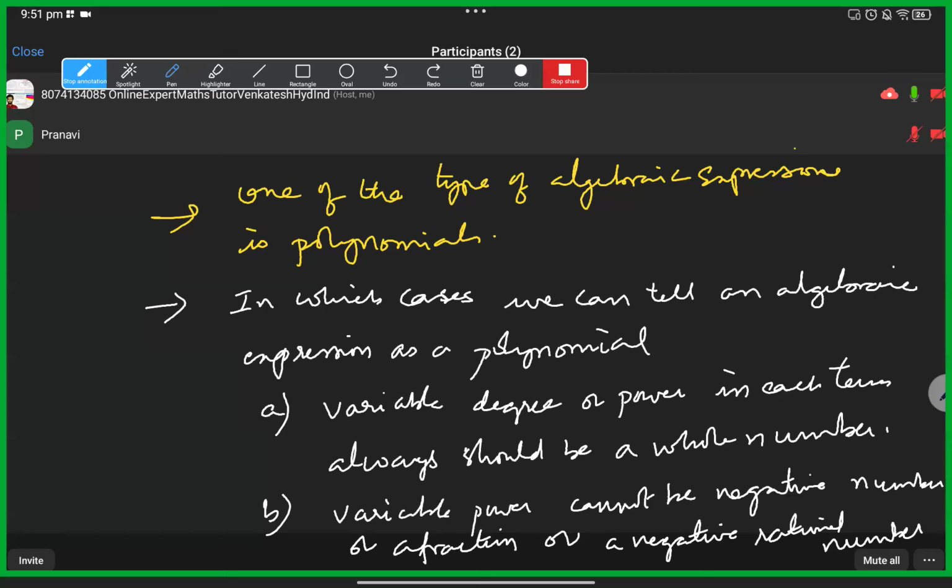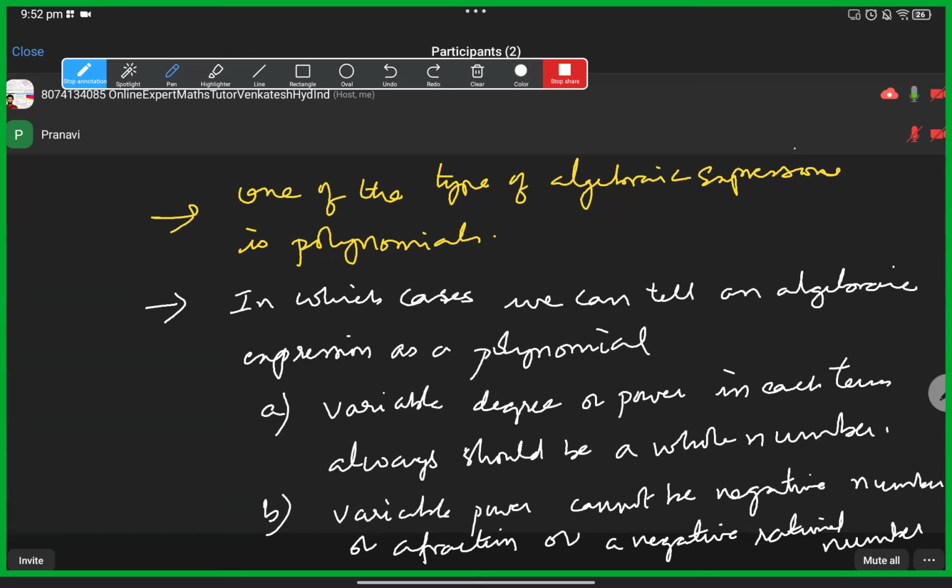Negative terms should not be on the variable power. If they are there, then for the variable, that is just an algebraic expression but not a polynomial. The main thing is that the variable power should be 100% a whole number, from 0 to any number.